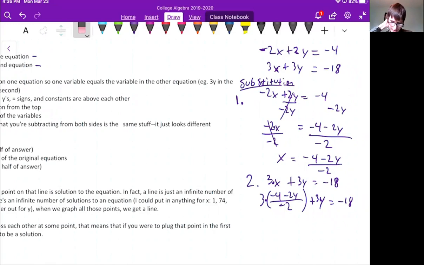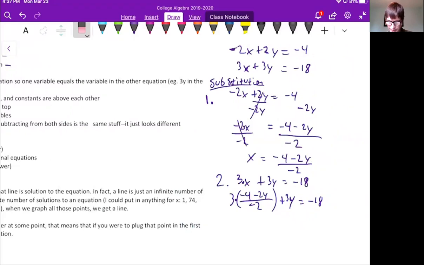Or how about this? There's a 3 times the first x and a 3 times the y, or 3 times that -4 minus 2y over -2, and a 3 times the y, that equals -18. Maybe we can just get rid of that 3 all at once. It's 3 times all these things, so we're going to do the opposite of what it's doing right now. We're going to divide by 3.